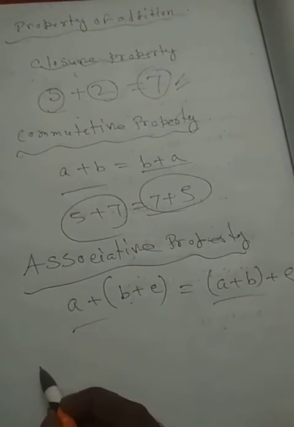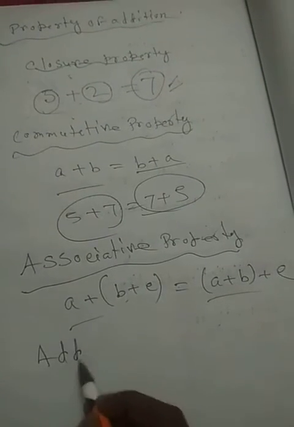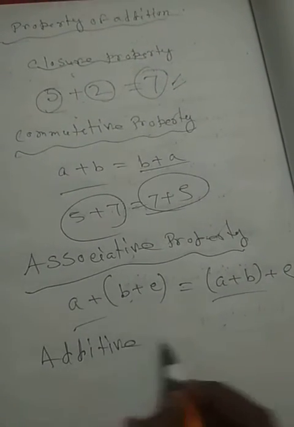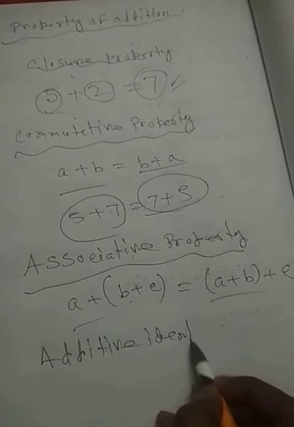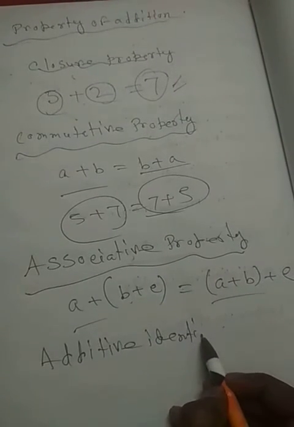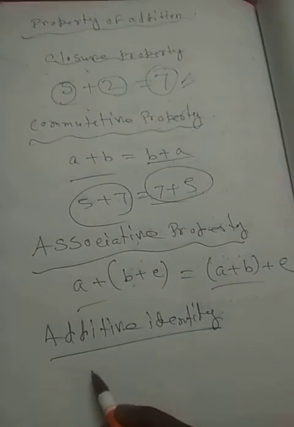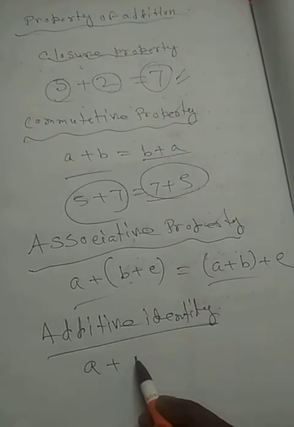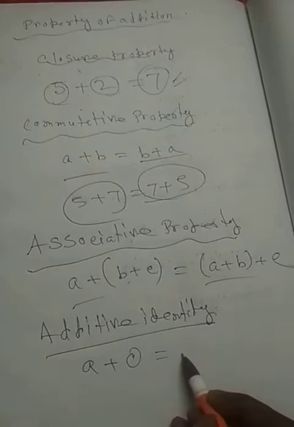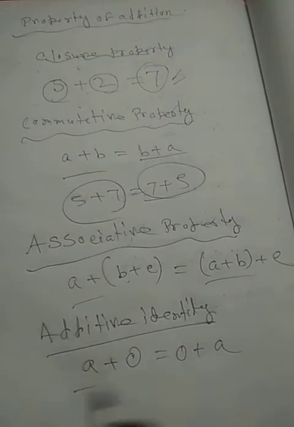Next, what is additive identity? Additive identity means if you add 0 with any number, or 0 plus that number, the result is the same number.